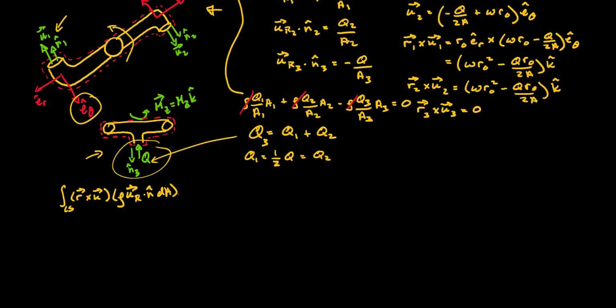So what will they look like? For control surface 1, we found that the cross product is omega R naught squared minus Q R naught over 2A in the k direction. Then we need to multiply it by the flux. And so we found this UR dotted with n term. These were found over here.